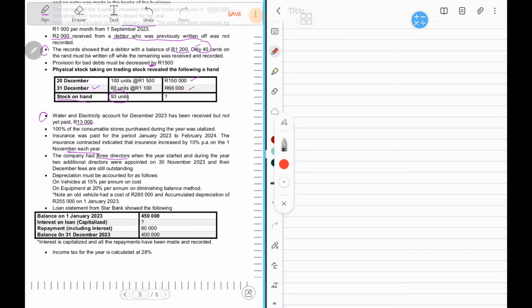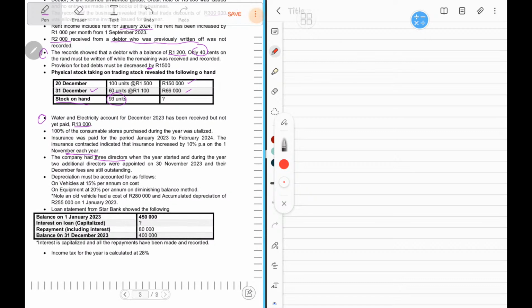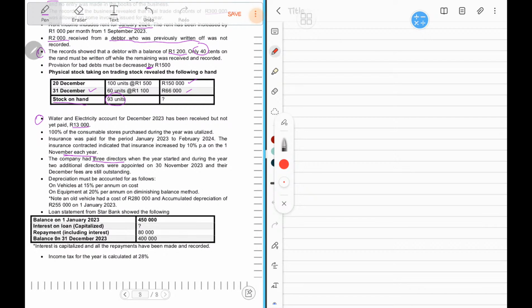Then we are being told that when the year started, there were 3 directors, and during the year 2 additional directors were appointed on 30 November 2023, and their December fees are still outstanding, meaning that the fees that are currently appearing there are for the 3 directors. So 3 directors, each one of them worked for 12 months, meaning director A 12 months, director B 12 months, director C 12 months. Then we can use that to find the outstanding directors' fees.